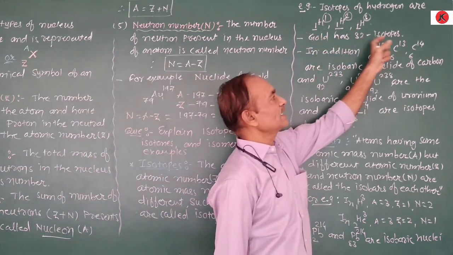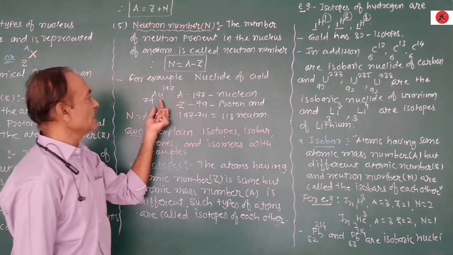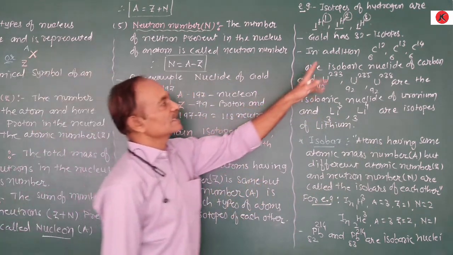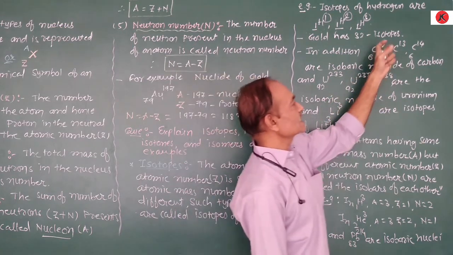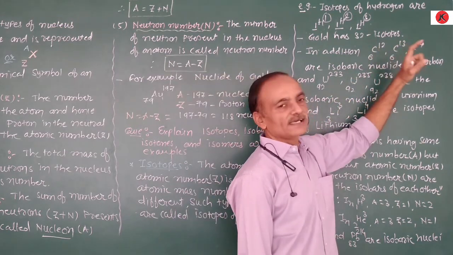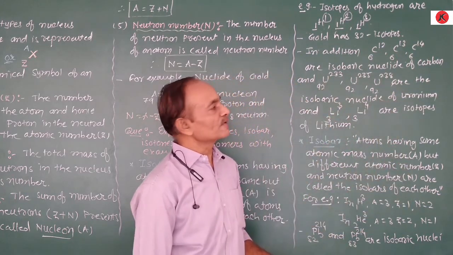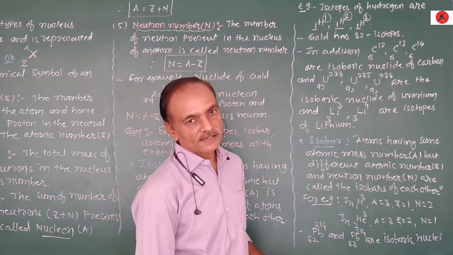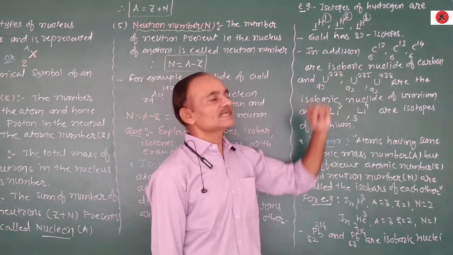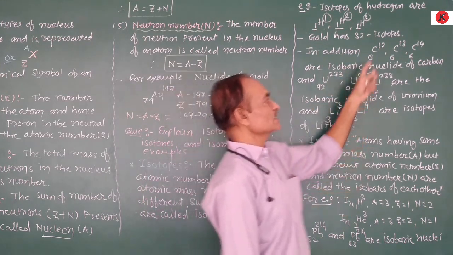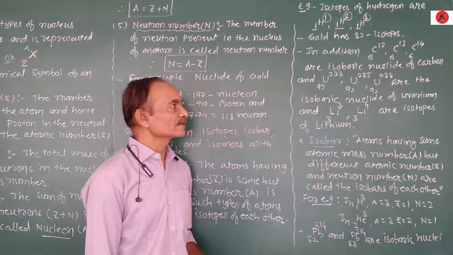Gold 79Au197 has 32 isotopes. In addition, carbon 6C12, 6C13, 6C14 are the isotopes of carbon. These are also isotopes because the atomic number Z is the same but the A are different.